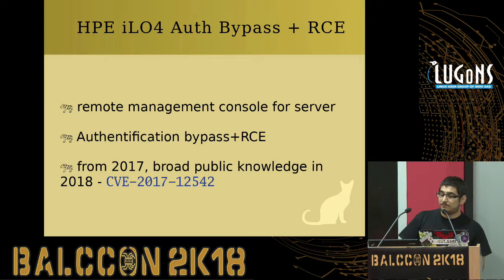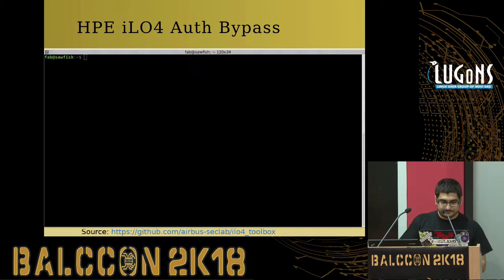It was found by the Airbus research team. So Airbus has a research team, and about 5 man-months were invested into the research to find this. The CVE is from 2017, but it reached the broad public in 2018 when they presented their research at a big conference. And let's see how this authentication bypass worked.